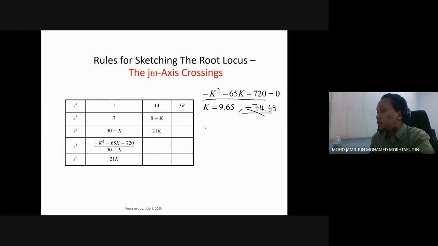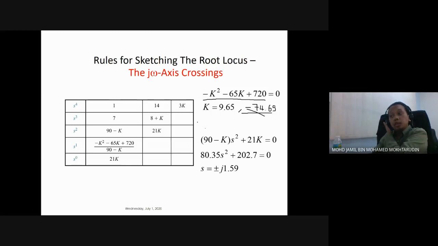After that, you calculate the value of frequency. When you find k at s1, you take the value and substitute it into row s2. So this is from row s2. What you have to do is substitute k equals 9.65 into each of these, and then write this in terms of a new polynomial.